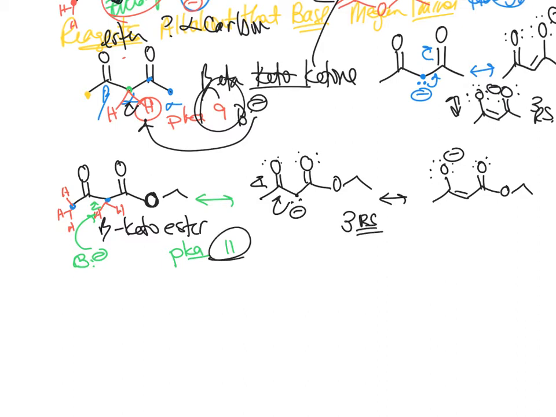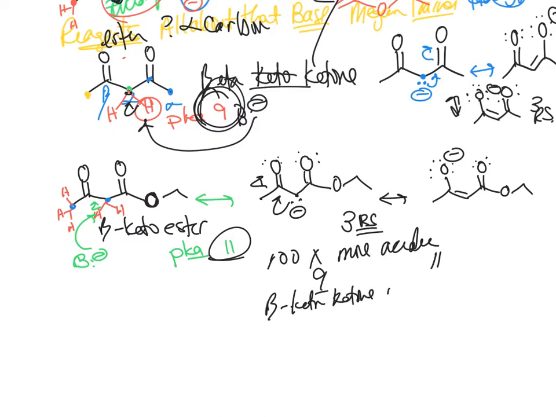The pKa is 11. Once again, the 9 is like 100 times more acidic. So a 9 is more acidic than the 11. So that means a beta keto ketone is more acidic than a beta keto ester.